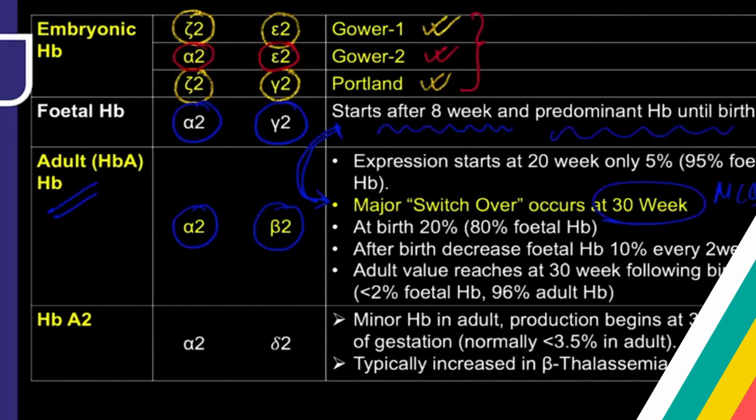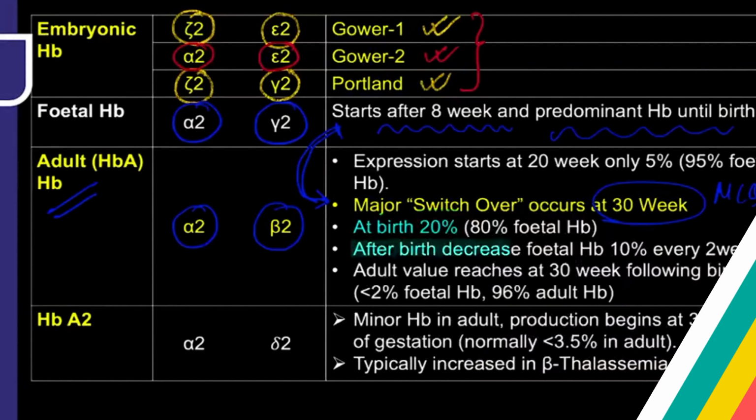Then you also remember that at the point of birth, only 20% adult hemoglobin is present and the remaining is fetal hemoglobin. But after birth, suddenly the fetal hemoglobin will decrease and adult hemoglobin percentage will increase. And what is the rate?